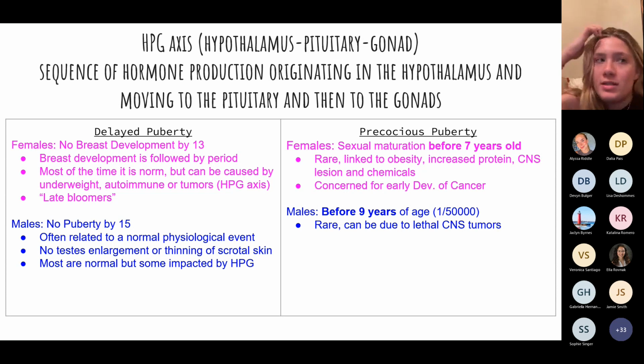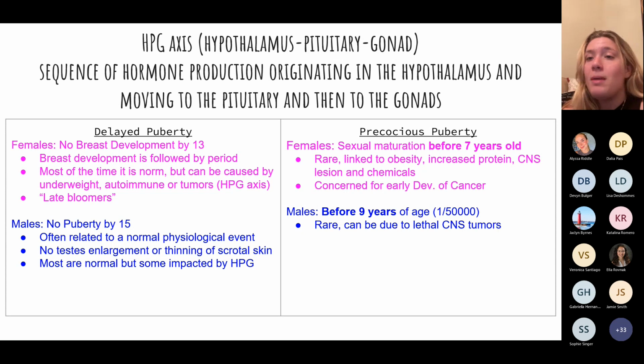For females, this is classified as no breast development by 13. The breasts are the first thing to form. Usually it's related to autoimmune issues, being underweight, or simply being a late bloomer, and that's okay too.